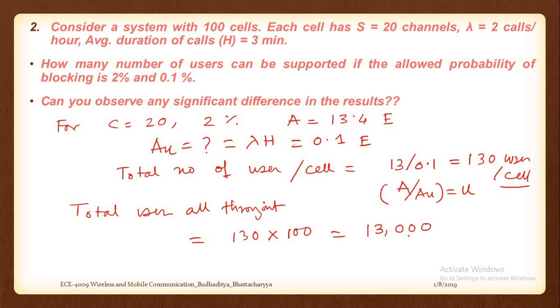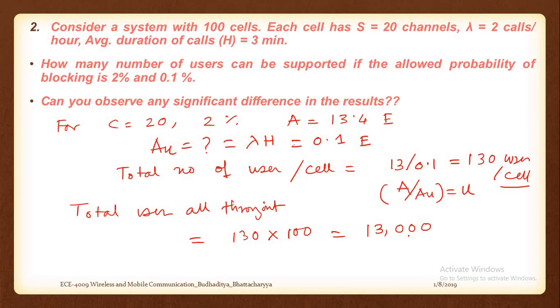This is the total number of users in the whole cellular coverage. If the number of cells is not given, then you can say this is the total number of users. But since in the given question it has to be multiplied 100 times, you get the total users.